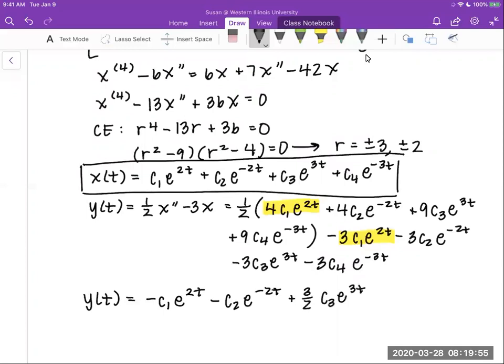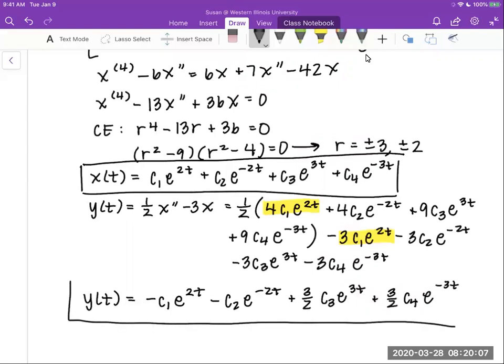And then finally, same for the e to the negative 3t's. All right, and we'll box that guy in. And there we have it. Our solution to this system of second order differential equations is given by x of t and y of t as shown.